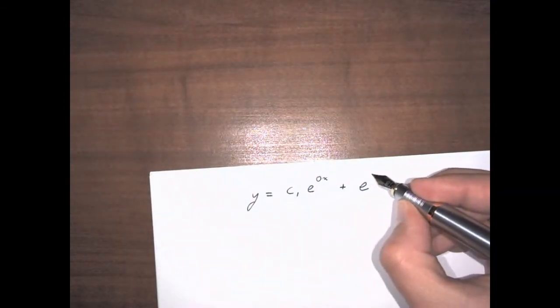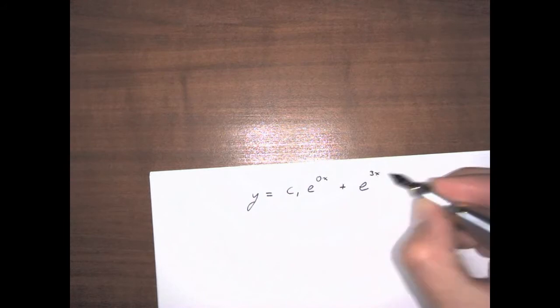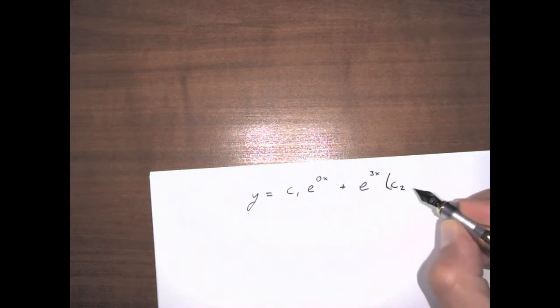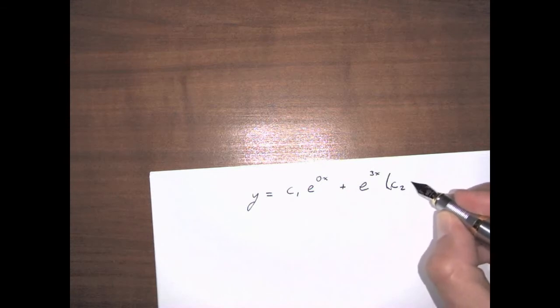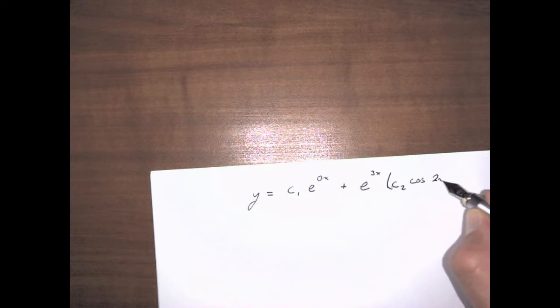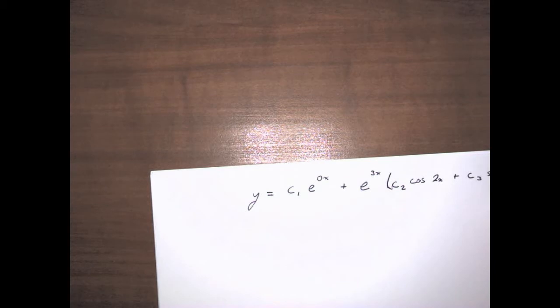So it's going to be e to the 3x times c2, so we're just counting up the c's here, cosine 2x plus c3 sine 2x.